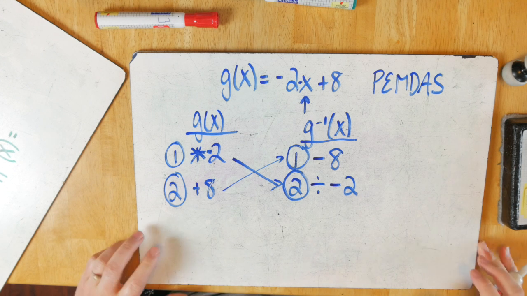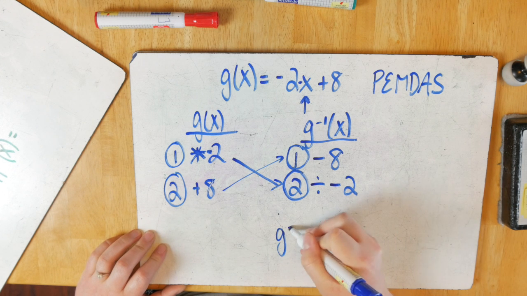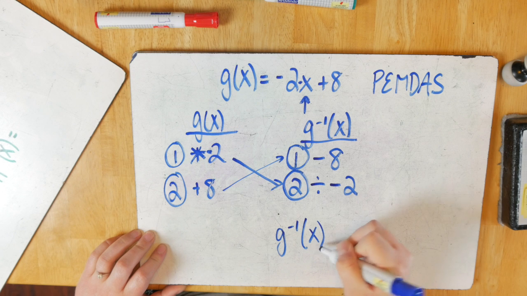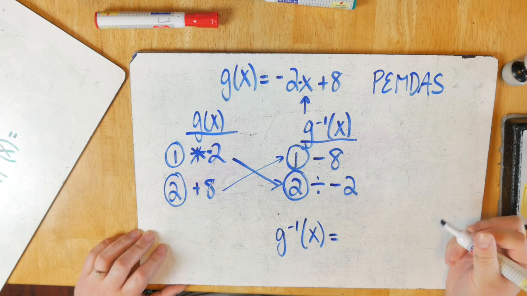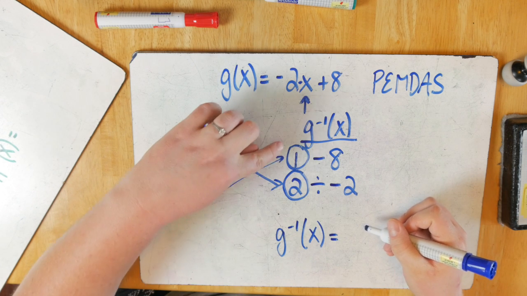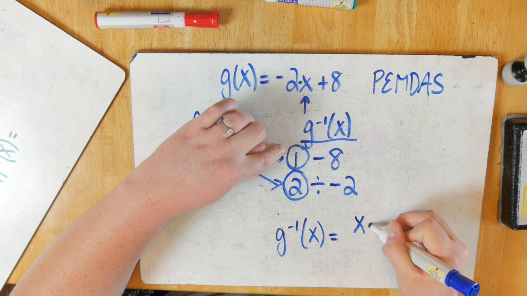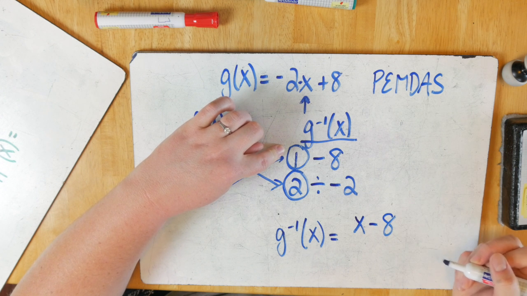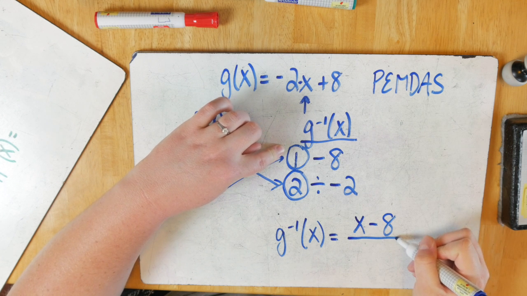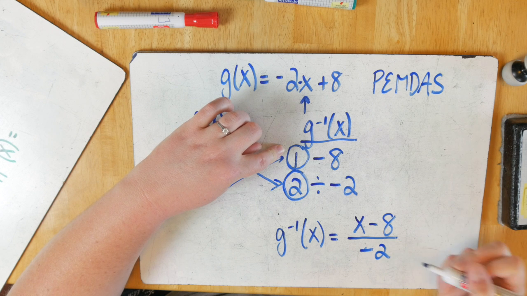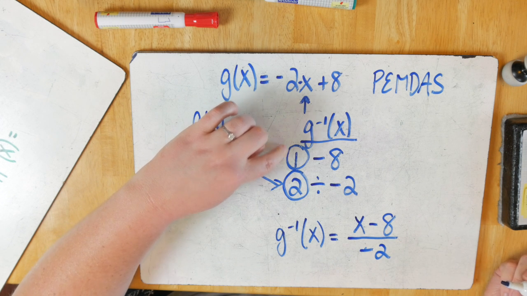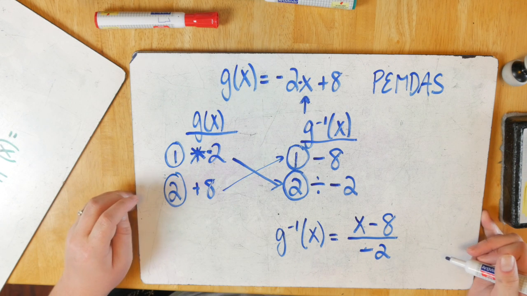And with that, we're going to write an inverse function. So again, we take some input and subtract 8 from it, and then divide that by negative 2. And so there we have our inverse function.